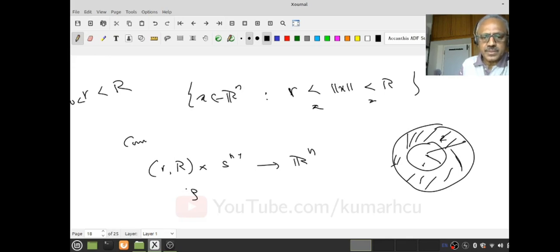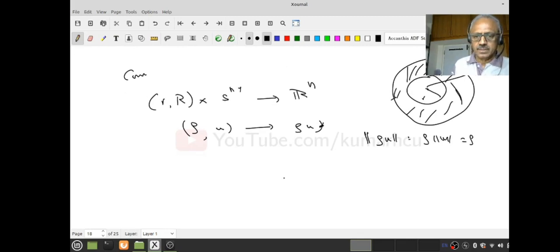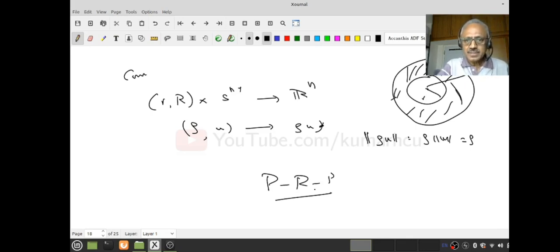Any rho and a vector u going to rho u. And what is norm of rho u? Rho times norm of u, which is rho. But rho lies between r and R. That's it. There are a few others, but I think this is enough. There is quite a bit of things, as you can see, just a learning theorem.